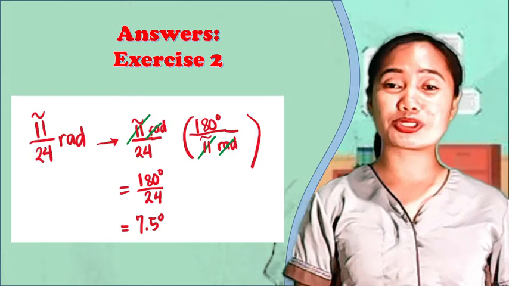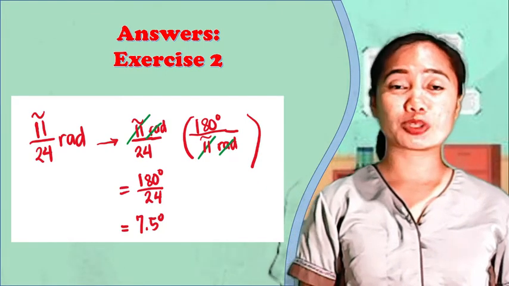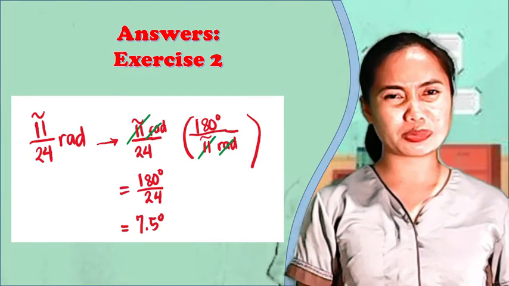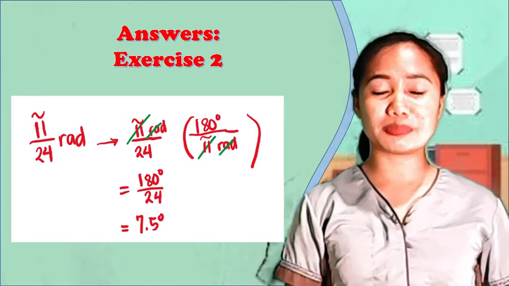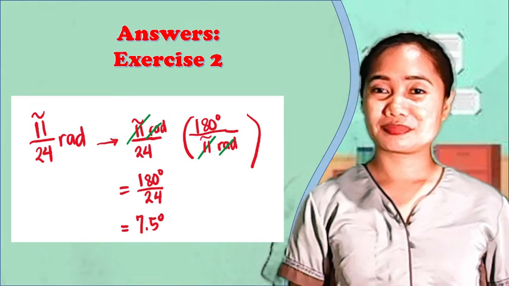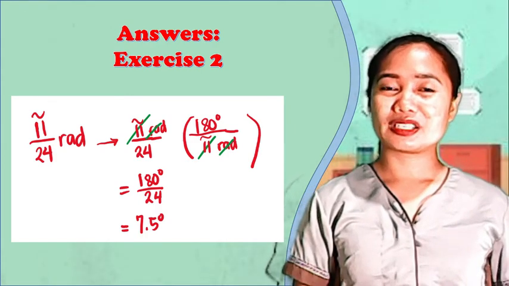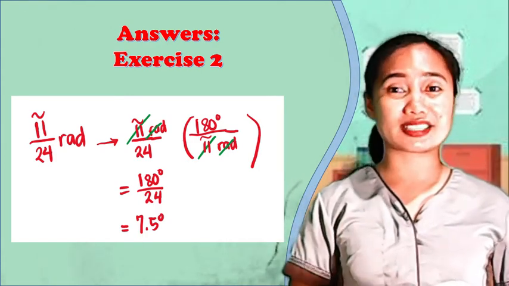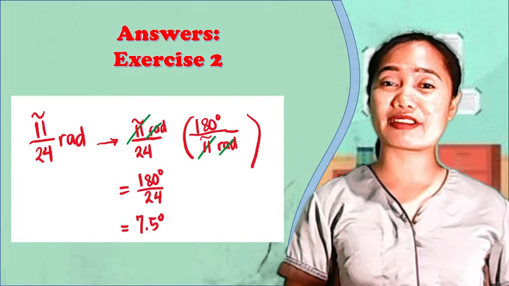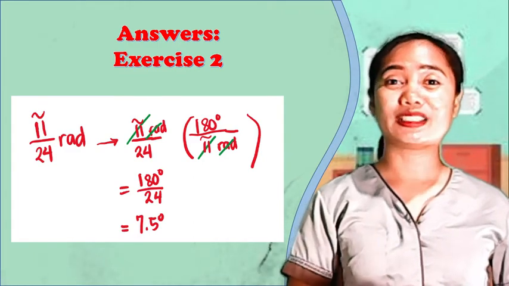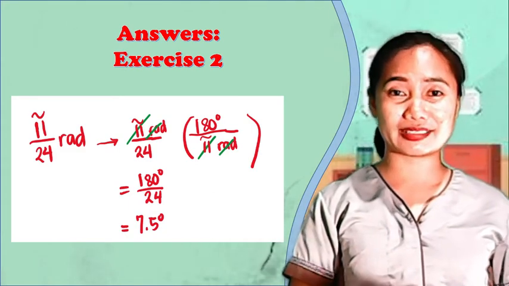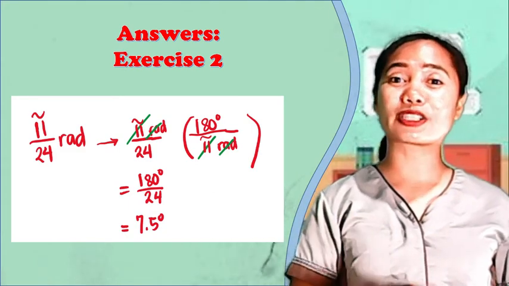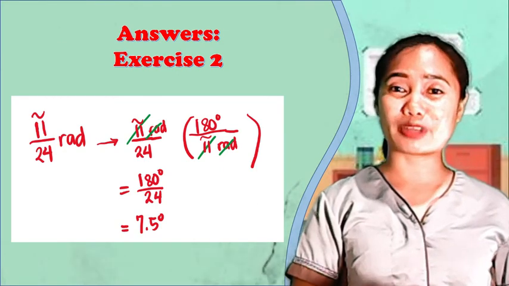Then we should divide 180 by 24. What do you think would be the answer? 180 divided by 24 is? Okay. So, if you got it correctly, it means that you are very good in cancellation and division. Or if not, you can always use the calculator in order to solve larger or complex values of numbers.